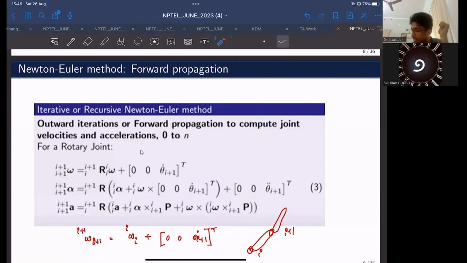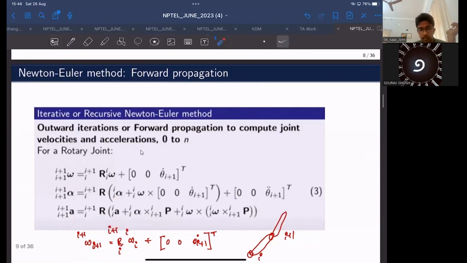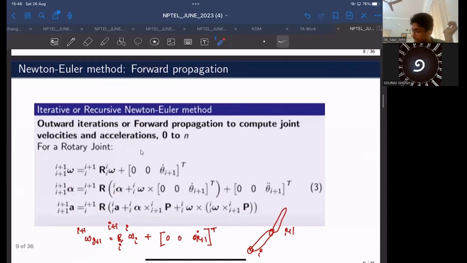Since this is specified in the ith frame, we have to transform it to the I plus 1th frame. For that, we use this rotation matrix, transforming from the ith frame to the I plus 1th frame. That is what this rotation matrix does. And this term is already expressed with respect to the I plus 1 frame, because theta I plus 1 dot is the angular velocity of the link I plus 1, already expressed with respect to the zi plus 1 frame.